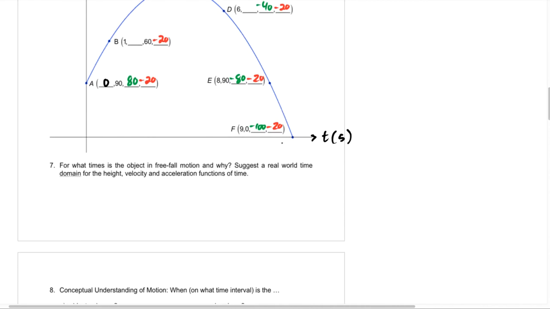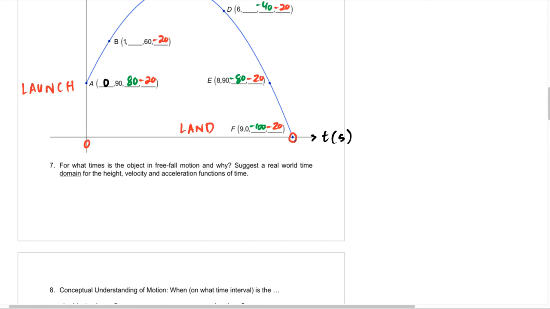Okay, the next question asks, for what times is the object in free fall motion and why? So we were talking about the object being launched, and here we're saying the launching occurs at point A, which corresponds to time 0, and we have a landing. The landing means that there is a connection to the ground. And as soon as we have the ground, we have a normal force which applies upwards, or perpendicular to the surface, on the object.